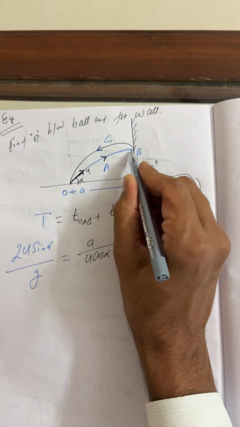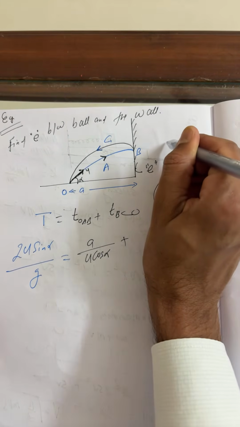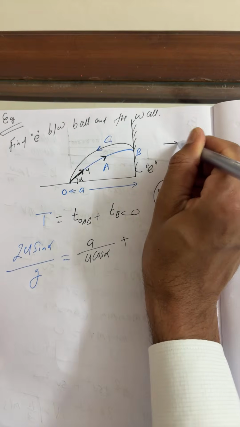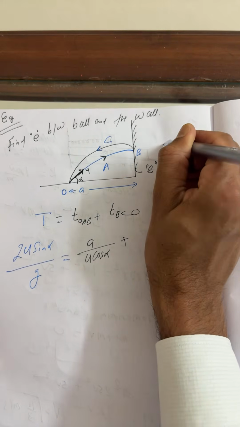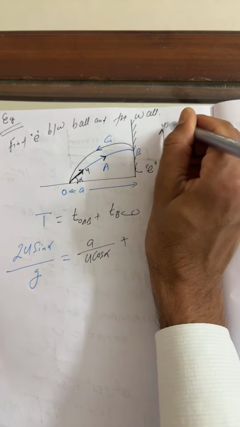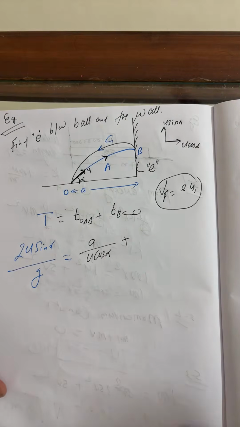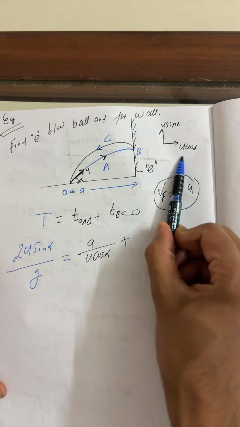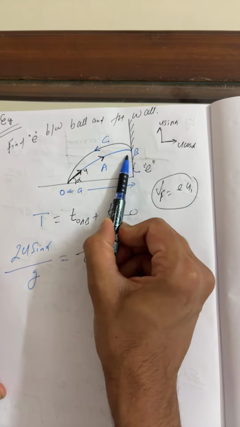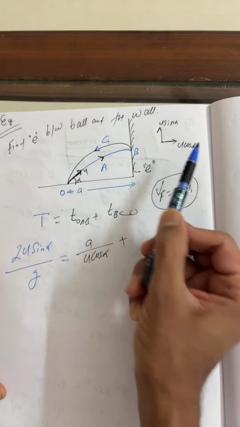Again you can say, sir, this particle has at this point two velocities, one in this direction, this is U cos alpha, another, this is U sin alpha. You can think logically, who is responsible to bounce back? That is horizontal only, beta, because this will hit the wall like this. So this is the velocity.